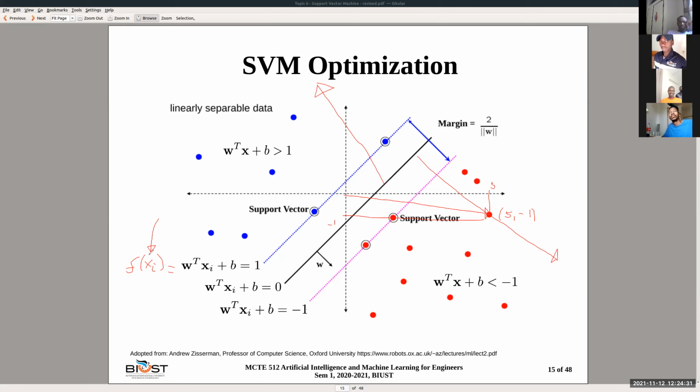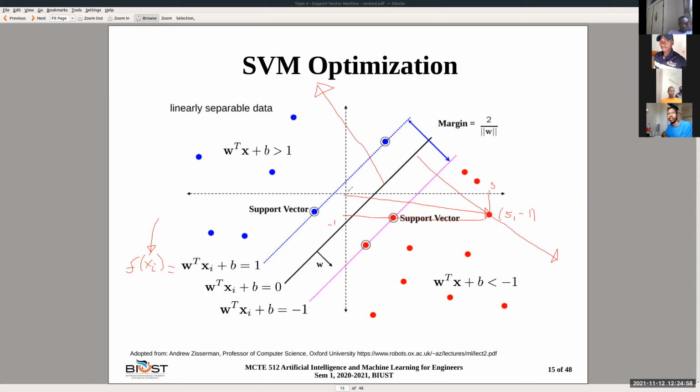If all the points are correctly classified, then to the left of the separation line you get greater than 1, to the right of the separation line you get less than 1, and on the separation line you get 0. On the margin, we call them support vectors.